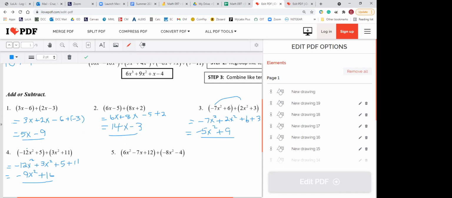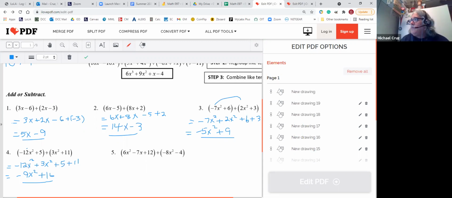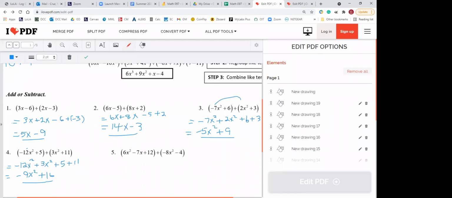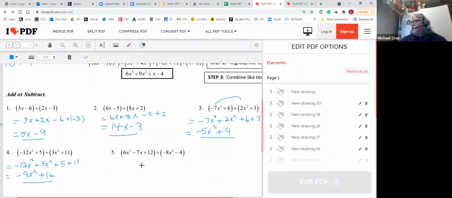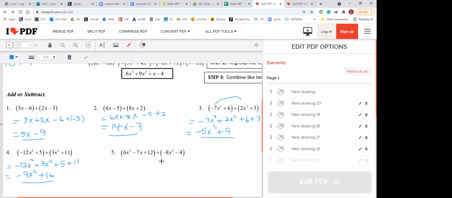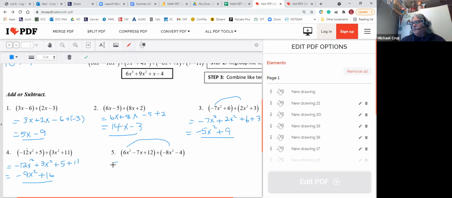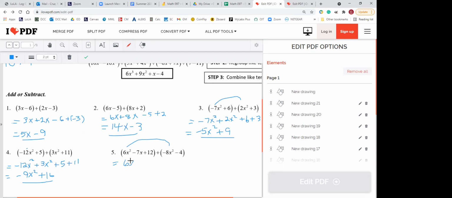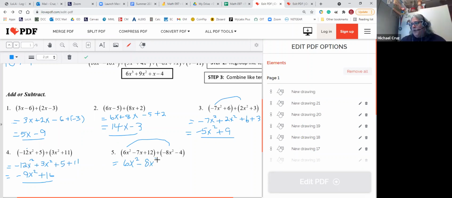I'm having difficulties. What kind? Okay, these are alike. And to just kind of put in what the up there, these two are alike. And then you got the negative 7x.